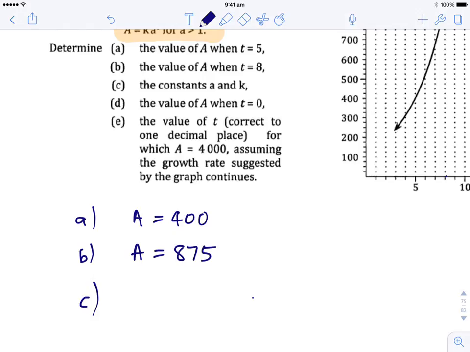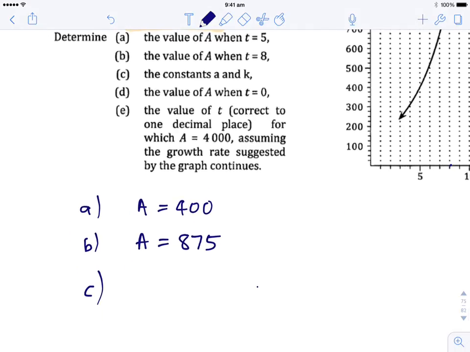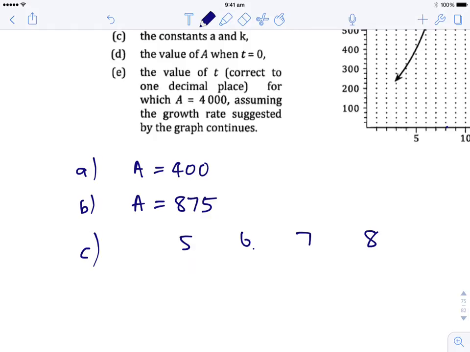So let's do that. So we know that we've gone from t equals 5 across to t equals 8, and remembering this is an exponential situation, so each time we're timesing by a to get the next number. Times by a and then times by a again.